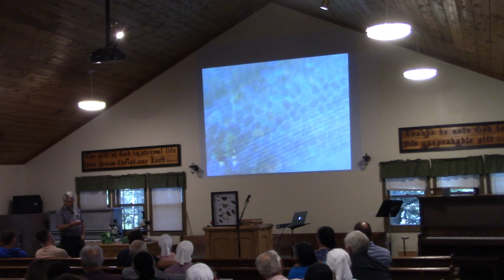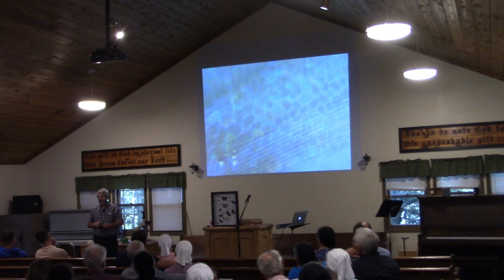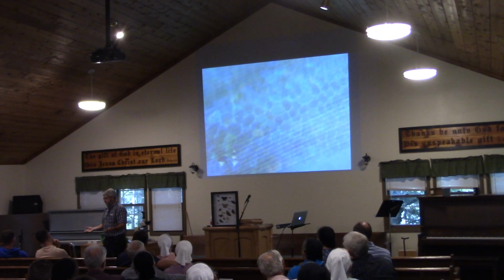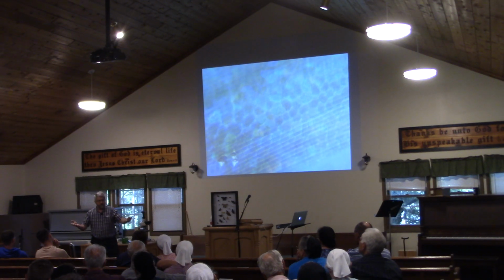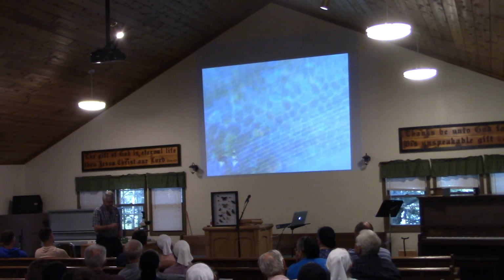And what I want to look at today is how butterflies produce those beautiful colors. And when I'm talking about how butterflies produce those beautiful colors, I know what you're thinking, guys. It's God that gave them that ability.